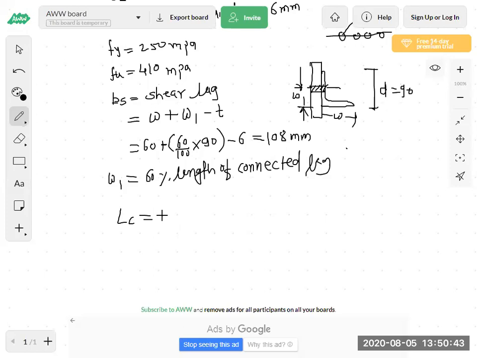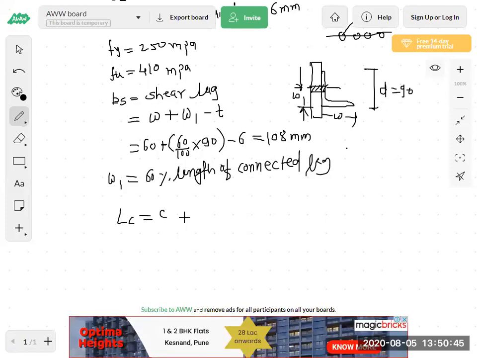Now the second unknown is LC. What is LC? LC is the center to center distance between the first bolt and the last bolt.